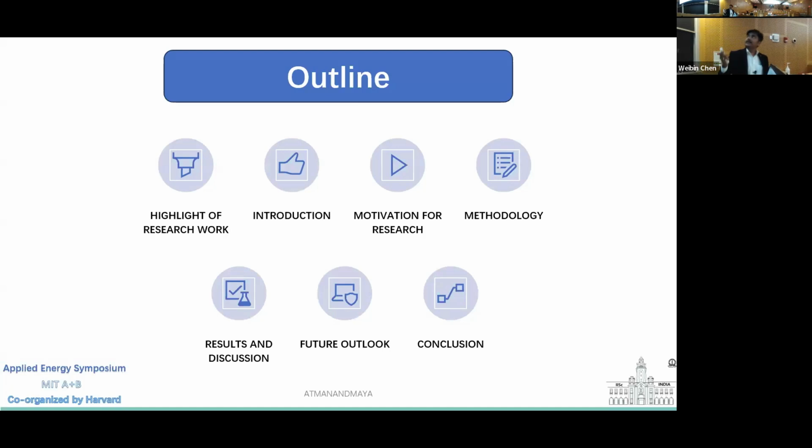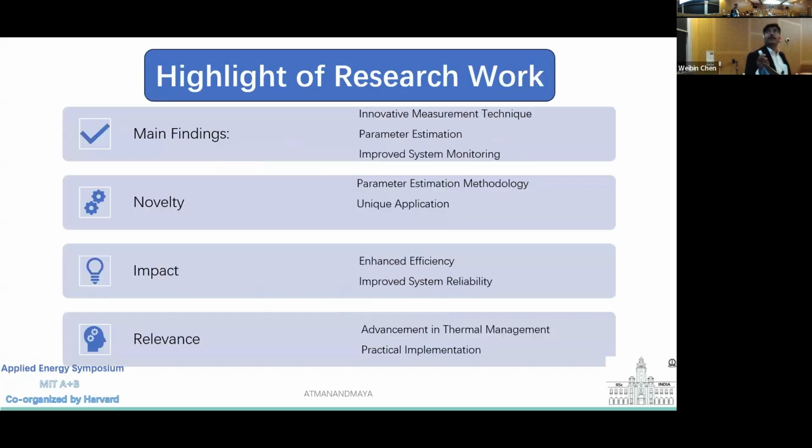For today's presentation, this will be the outline. Before going to the introduction, I will just give the highlight of my research work, which is the main finding of this work. The main finding is about the innovative measurement technique. I'm using a non-invasive measurement technique using the Peltier module for surface temperature measurement in the developed desalination unit.